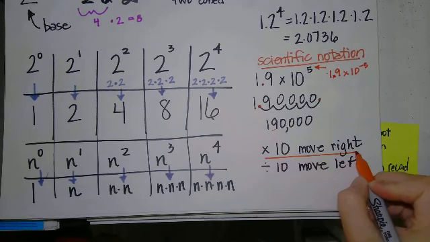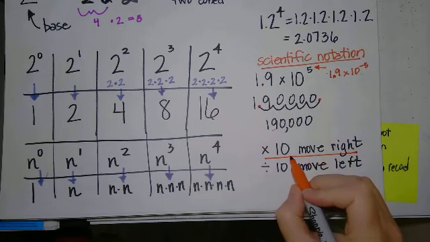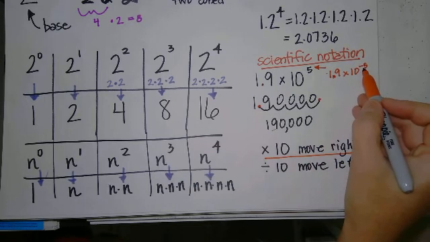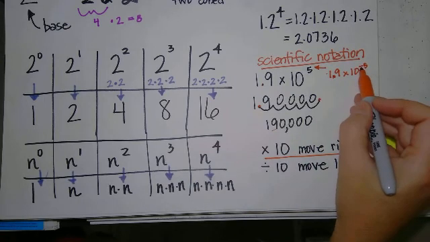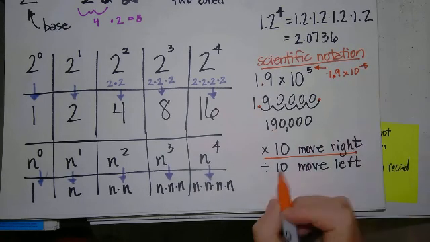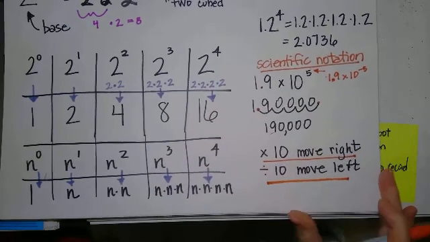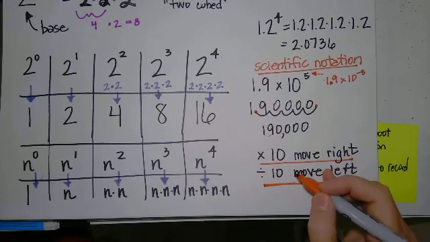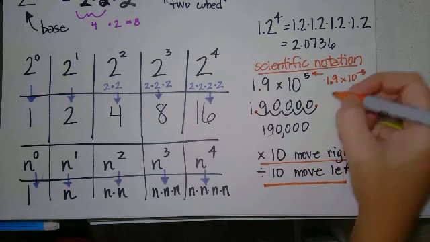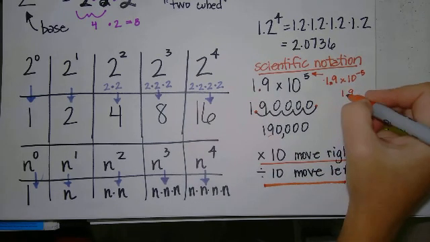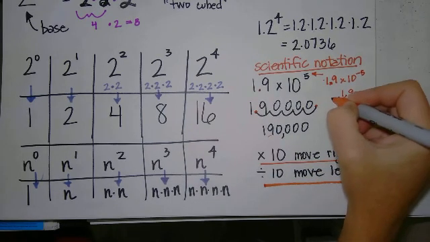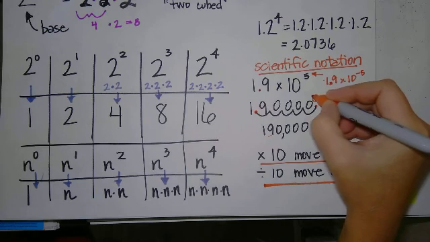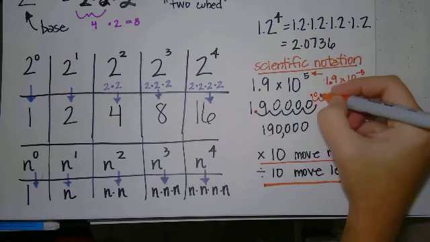Now, just real quickly, if we were to have not a positive 5 here, but a negative 5 here, that tells us we're going to move the decimal not to the right. We're not multiplying by 10 5 times. We're dividing by 10 5 times. And so remember when I said that when you divide by 10, you move to the left? So if we divide by 10 5 times, look what happens. 1, 2, 3, 4, 5.